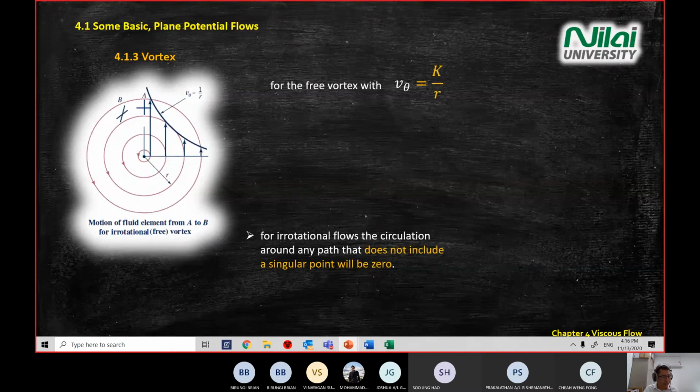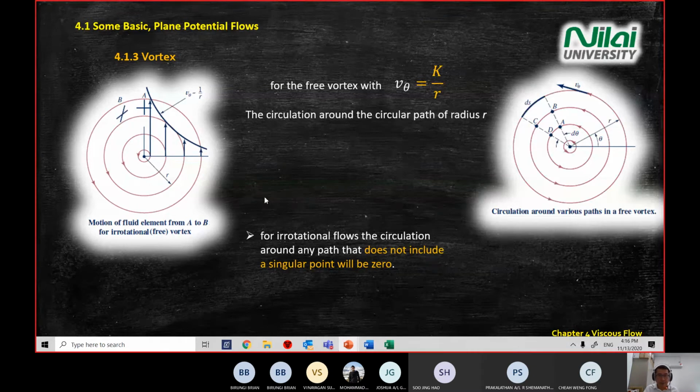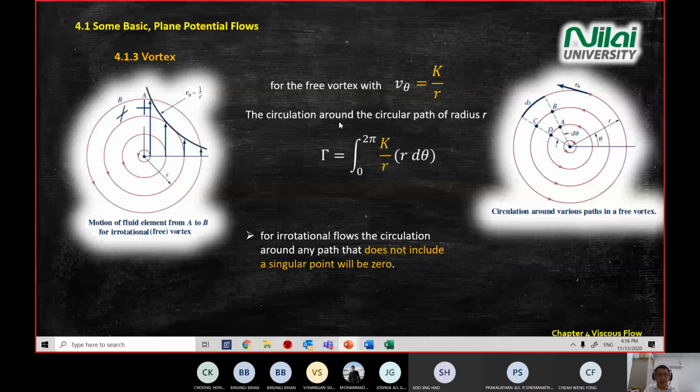There's a diagram just above question 6, which is the one that you see on the screen now. For free vortex, V theta equals K divided by R. K is a constant value. Circulation around the circular path of radius R is given by this equation. Circulation equals the integral from 0 to 2 pi, because one cycle has 2 pi radians, of K divided by R times R d theta.